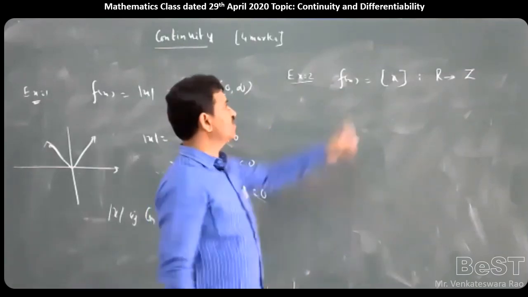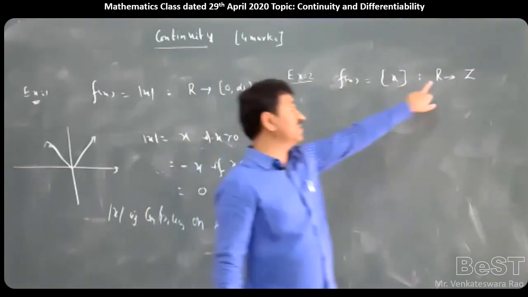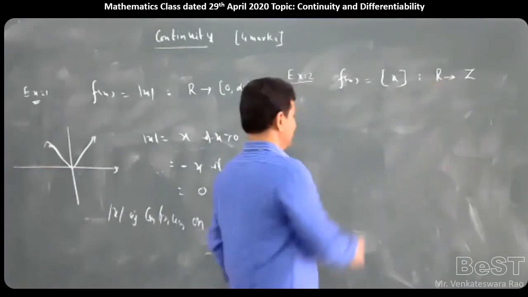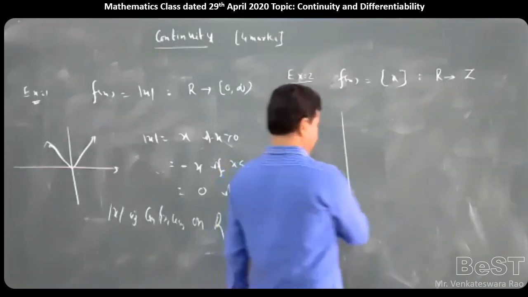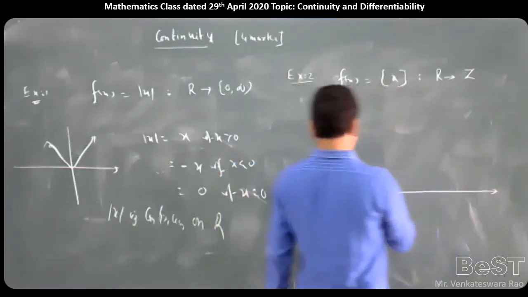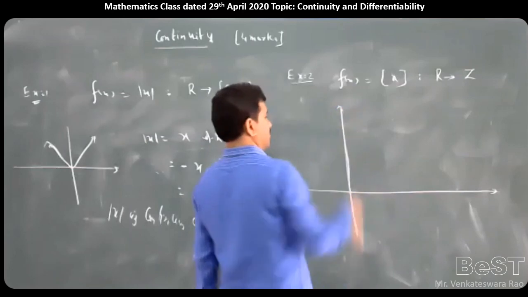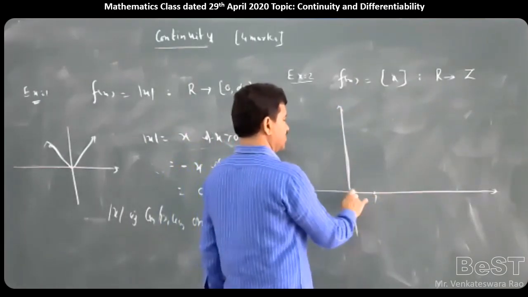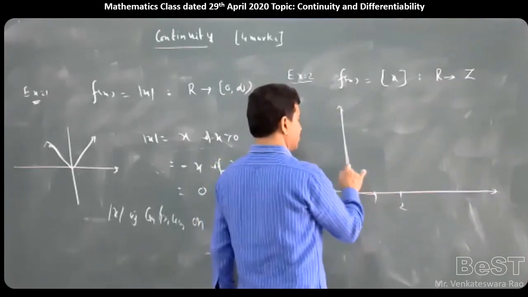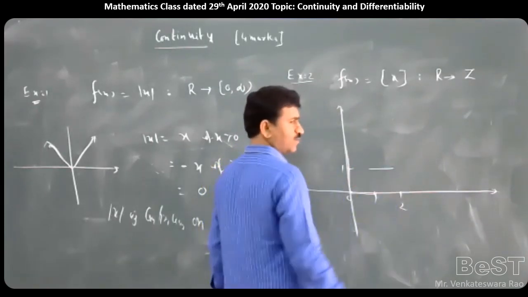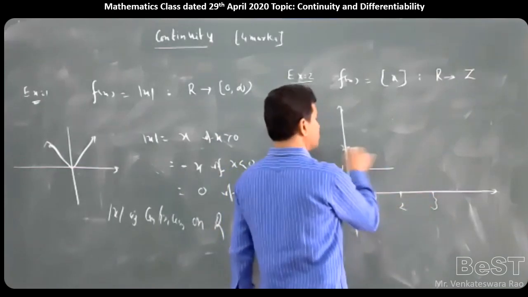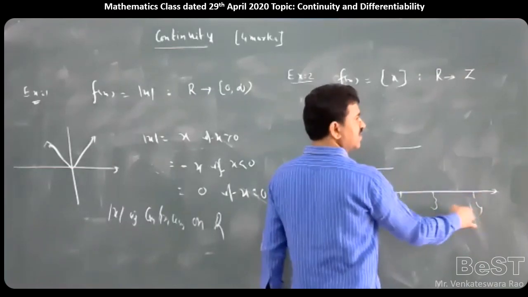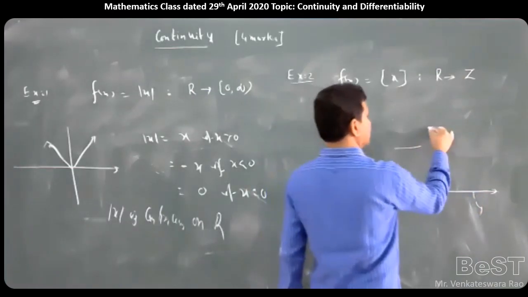But this function is not continuous in its domain. One exceptional case. See this one. If we draw the graph, from 0 to 1 we'll get 0 only. 1 to 2, you'll get 1. 2 to 3, we'll get the value 2 only. 3 to 4, we'll get 3 only.